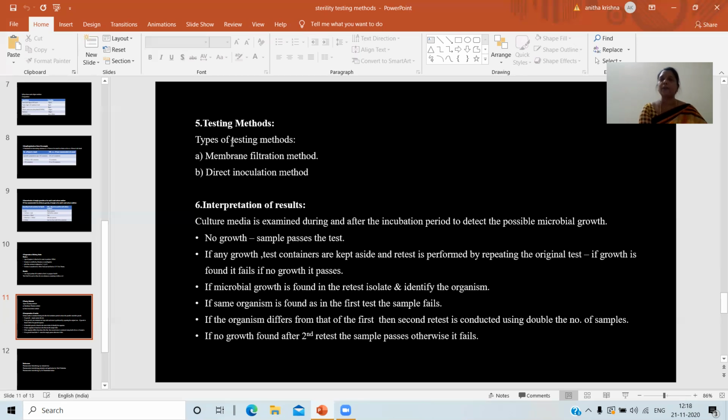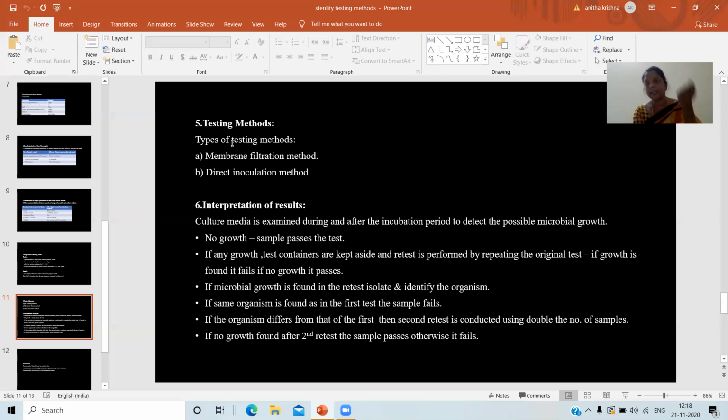After filtering the pharmaceutical product, you have to wash the membrane 3 times successively with 100 ml of fluid A. Washing here means you need not scrub it. Just pass 100 ml of fluid A through the membrane. Like that, you have to do it 3 times.